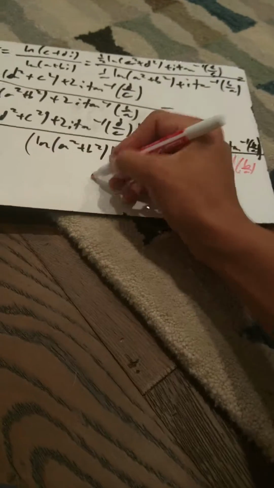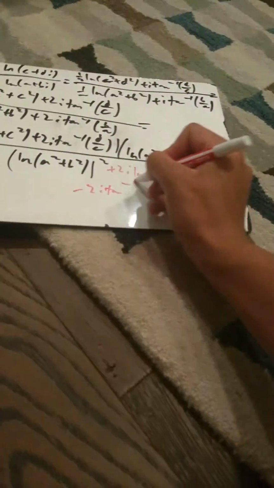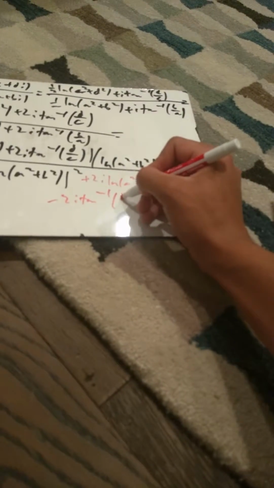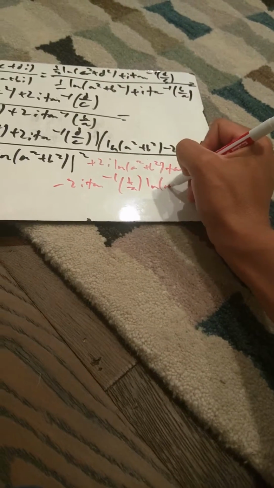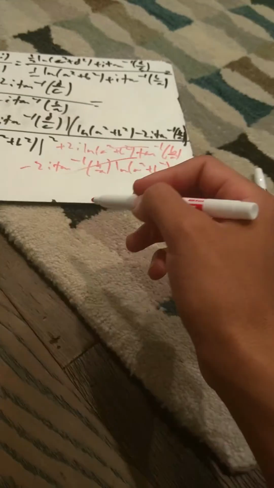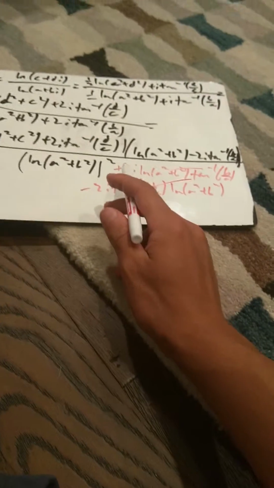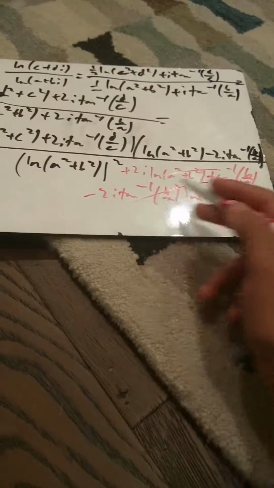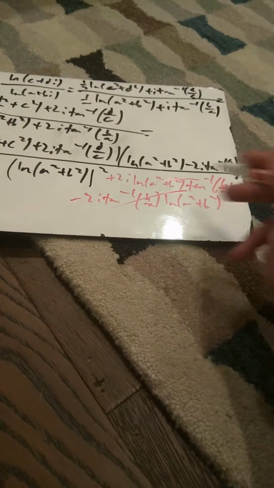So we have minus 2i arctangent b over a. We have ln of a squared plus b squared as well. So these cross out. And we're left with the multiplication of both of them. So we have negative 2i times some stuff and positive 2i times some stuff.